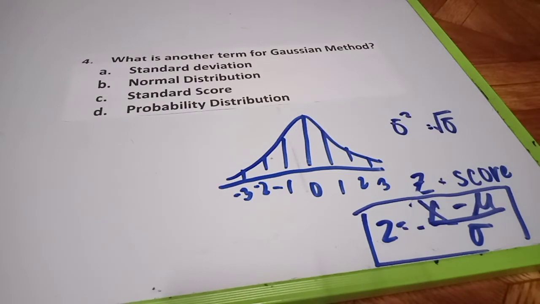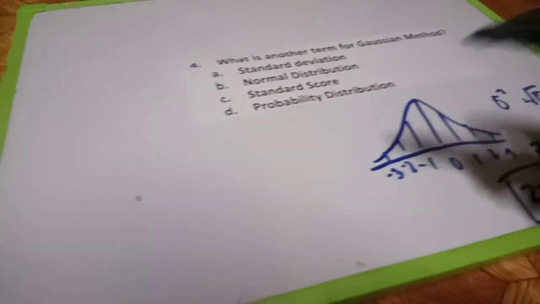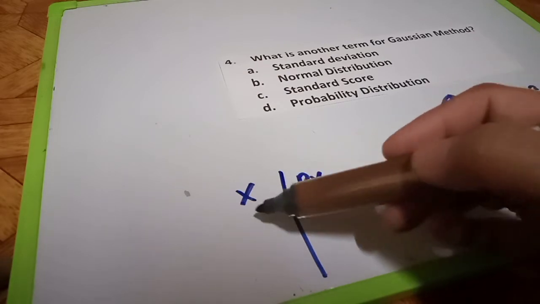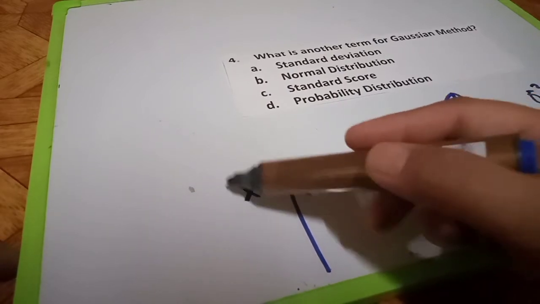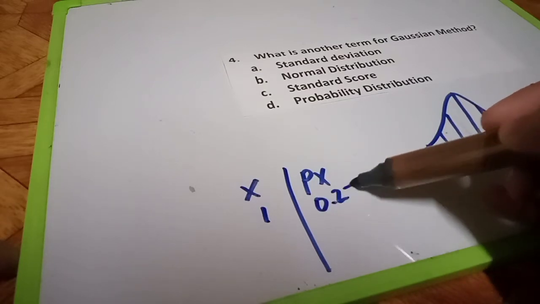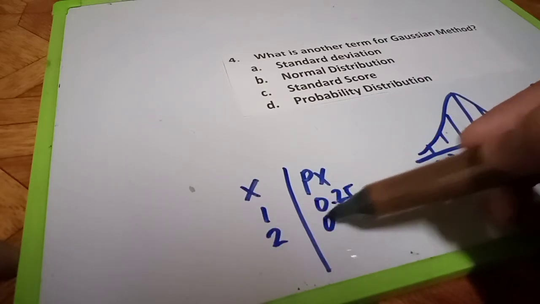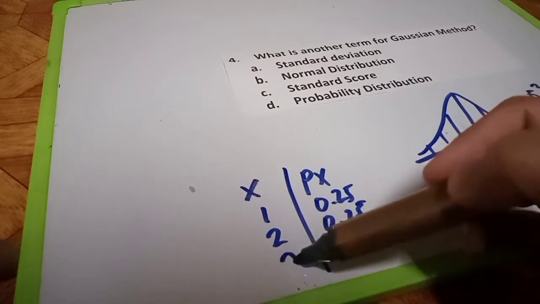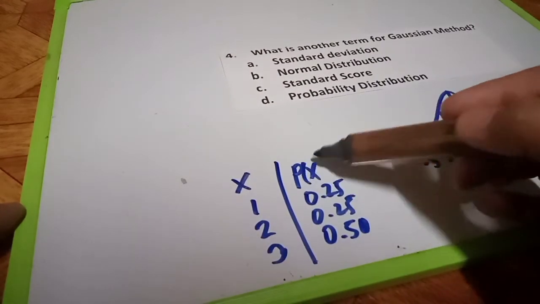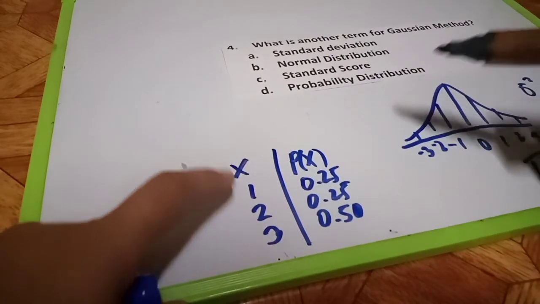And what is probability distribution? For letter D, in probability distribution we mostly use X and the probability of X. For example, if I have 1 with 0.25, 2 with 0.25, and then 3 with 0.50, this is what you call the probability distribution.